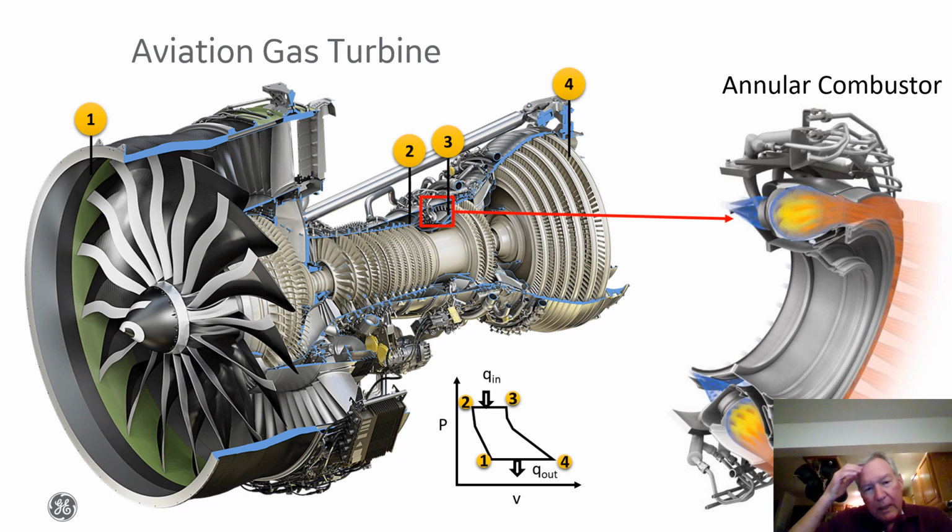Now, on the contrary, aviation gas turbines tend to have annular configurations for their combustion chambers. And so I'm showing a cross-section of a typical combustor used in a GE turbofan engine. So like I said, they're annular combustion chamber shapes with multiple fuel nozzles and air inlet swirling features at the front end of that annular chamber.